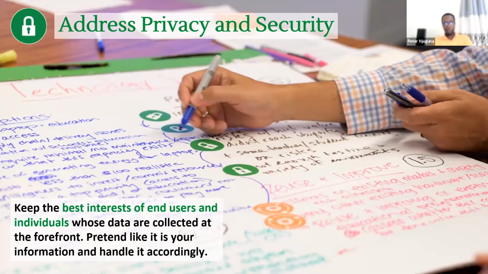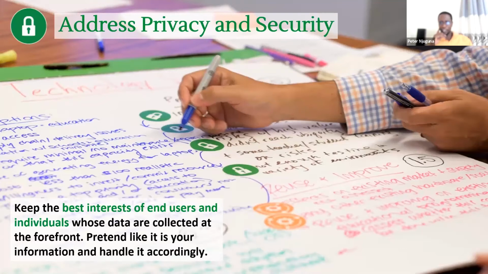This principle is about treating information as though it is your own information being collected by someone else. It is about addressing privacy and security of the information you collect in terms of how it is collected, how it is stored, how it is shared, and how it is eventually disposed of or destroyed when you don't need it.